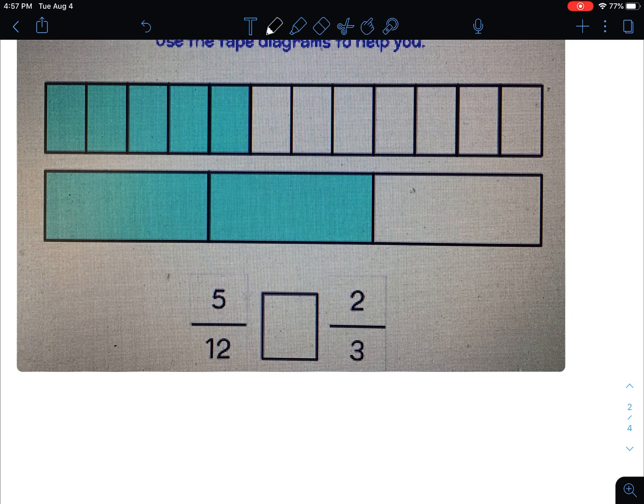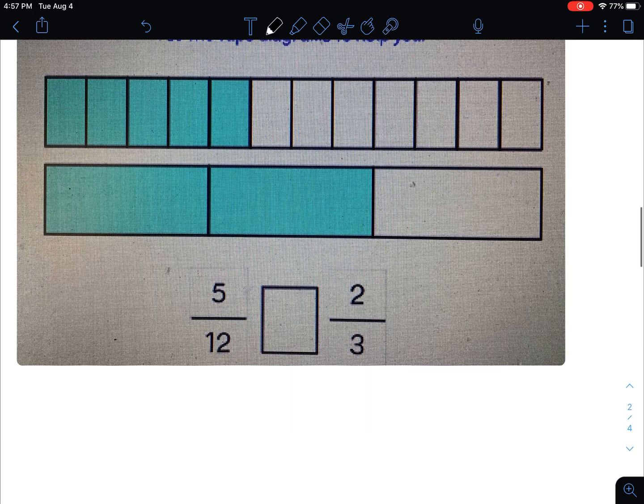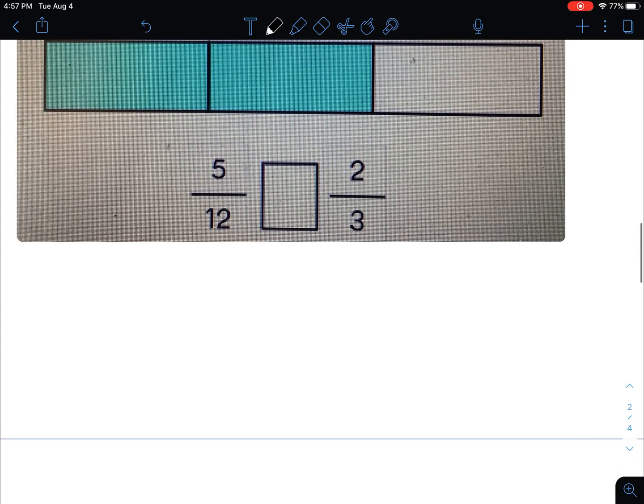But we have learned, when we've found equivalent fractions, how to change our denominator but keep the fraction the same value. So if I'm comparing 5/12 and 2/3, I want to get the same denominator so it's easy to tell which is larger.